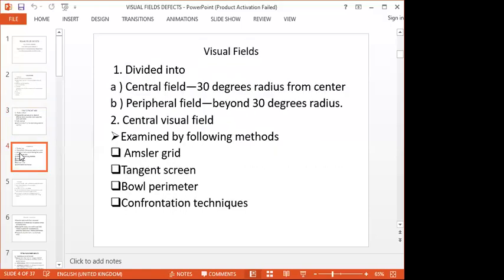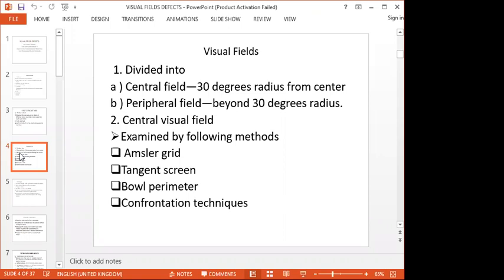Visual fields divided into central vision, 30 degrees radius from the center. Peripheral vision beyond 30 degrees radius from the center. When you look at the central vision, that's the 30 degrees from the center or from the macula. 30 degrees is referred to as the central vision.